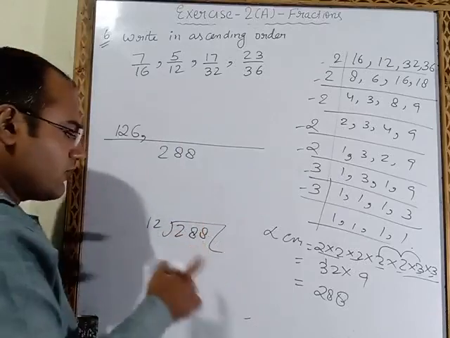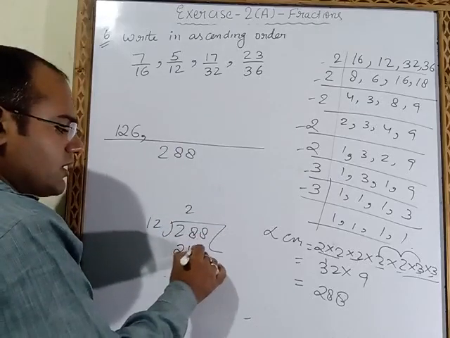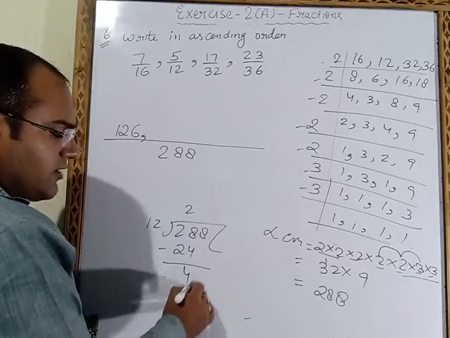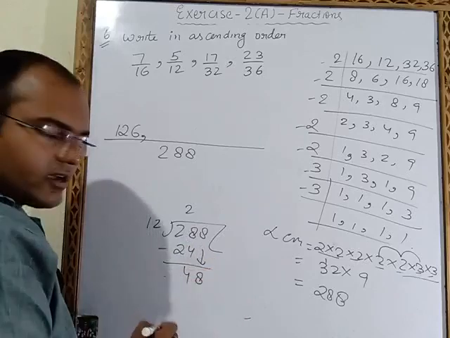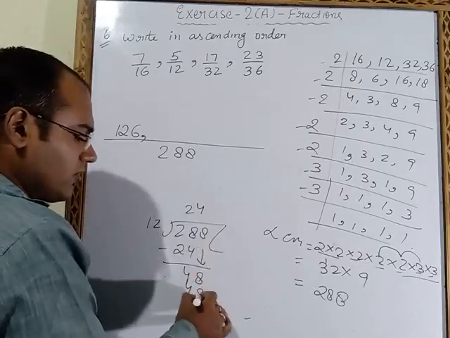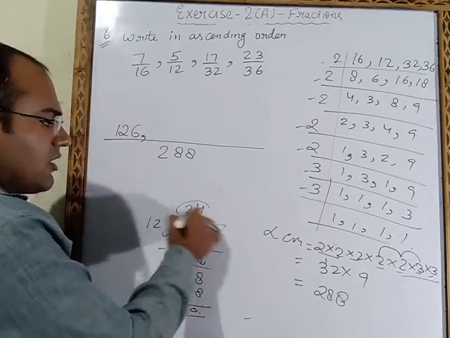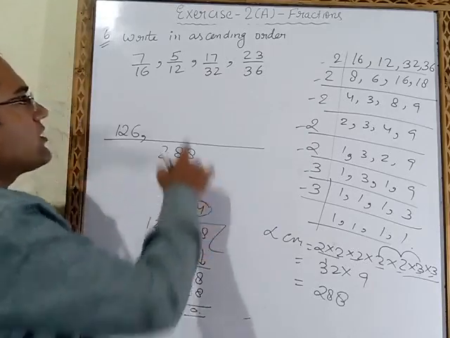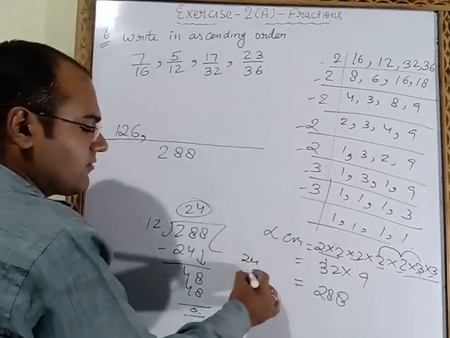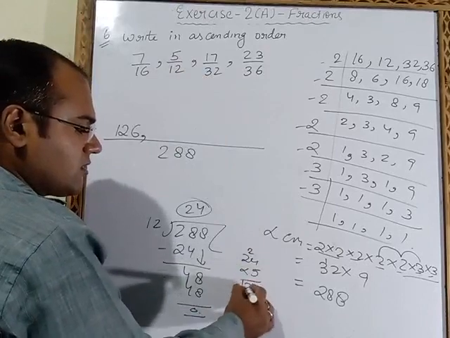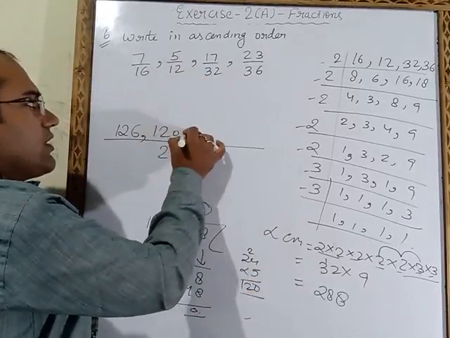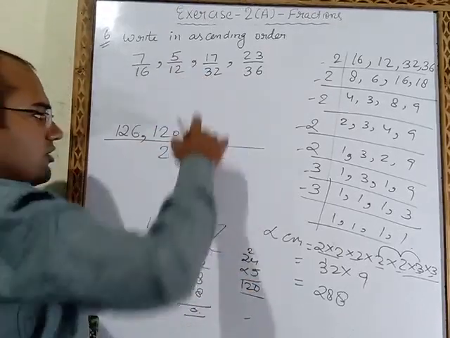Like this also you can do. 12 2s are 24, on subtracting we get 48. 12 4s are 48. So the answer is 24. This 24 you have to multiply with 5. Answer is 120.